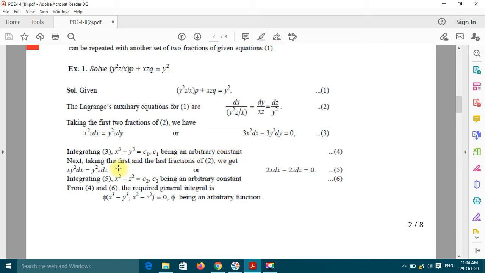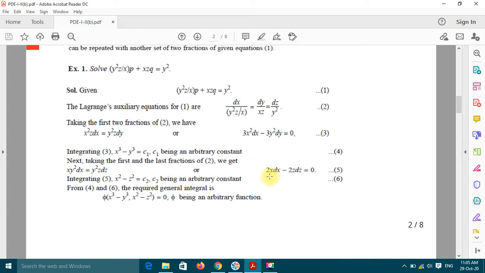Now we take the first and last expressions: dx upon y square z upon x is equal to dz upon y square. Then y square and y square cancel out, and this differential equation becomes x dx is equal to z dz. It means x dx minus z dz is equal to 0.